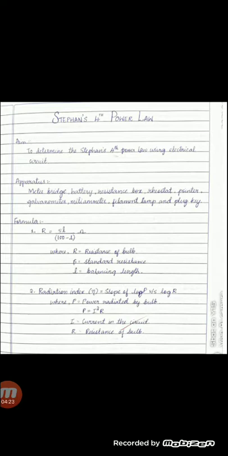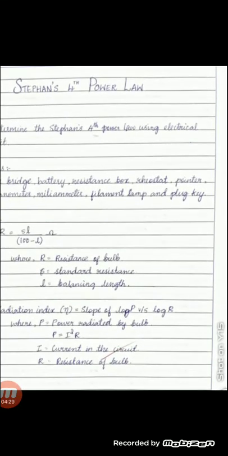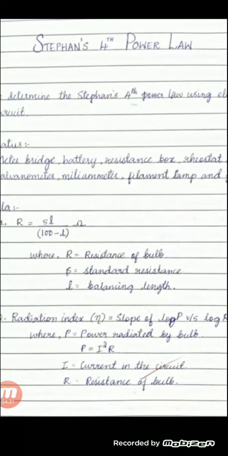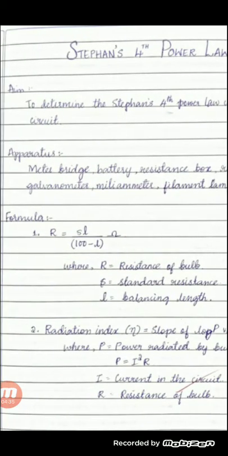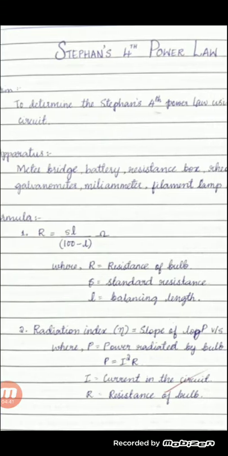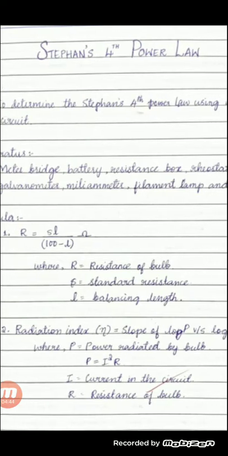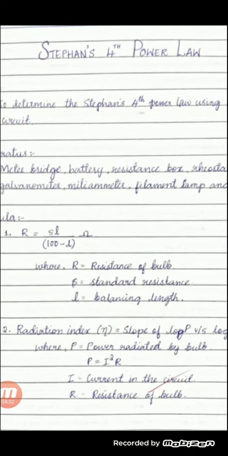So a small formula is required. That formula is R equals S into L divided by 100 minus L, in terms of ohms, where R is the resistance of the bulb, S is the standard resistance, and L is the balancing length.